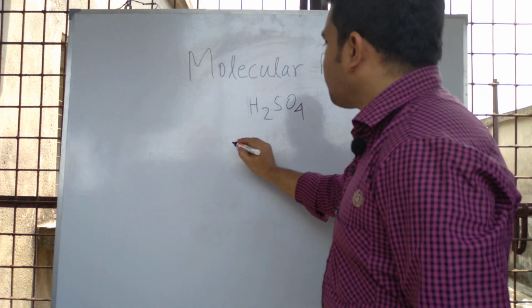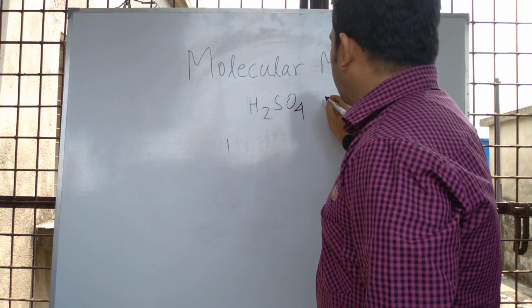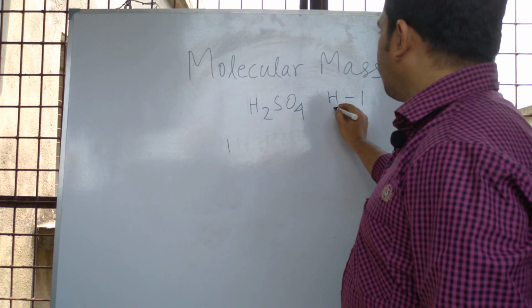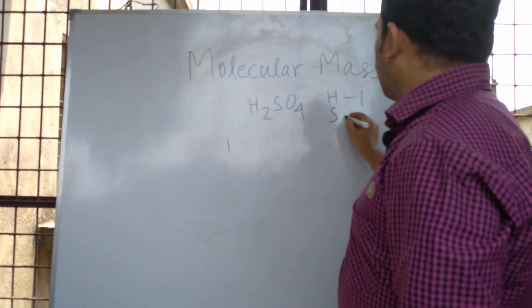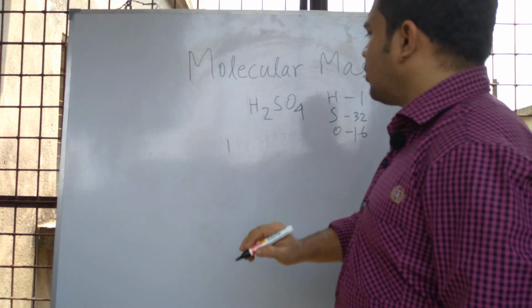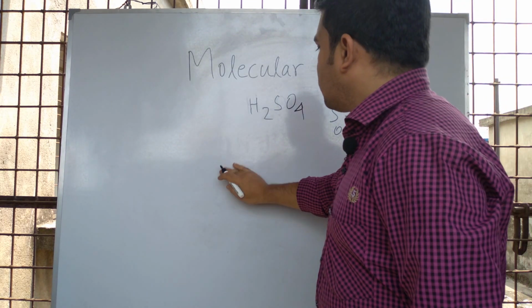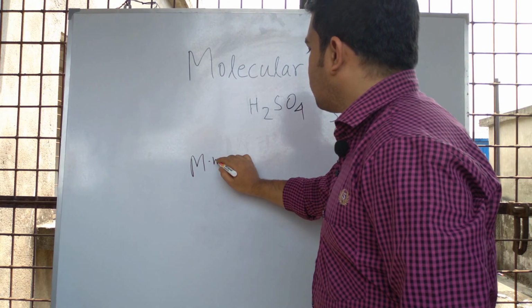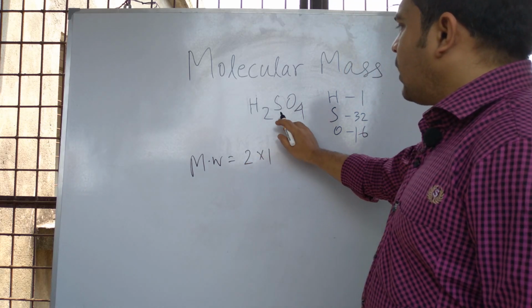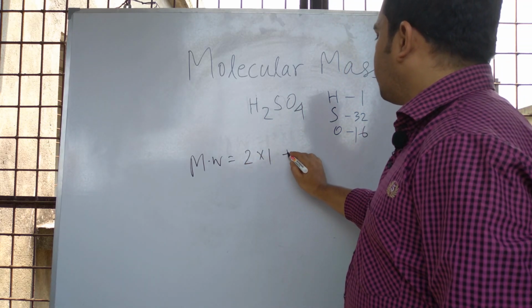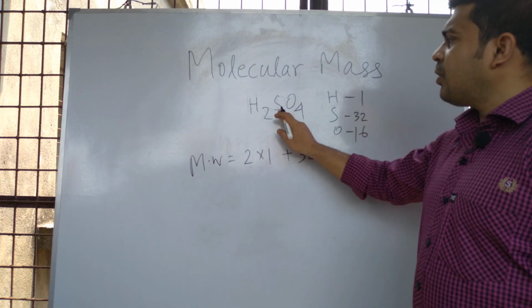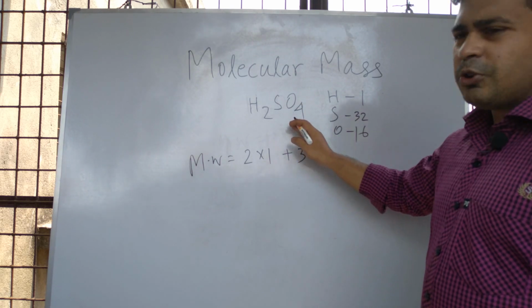It's very simple. You know that for hydrogen, the atomic mass is 1 gram. For sulfur, atomic mass is 32 gram, and oxygen atomic mass is 16 gram. And now molecular weight of sulfuric acid equals 2 hydrogen into 1 gram for each hydrogen, and for sulfur it is 32 gram, because one sulfur atom is present in this molecule.